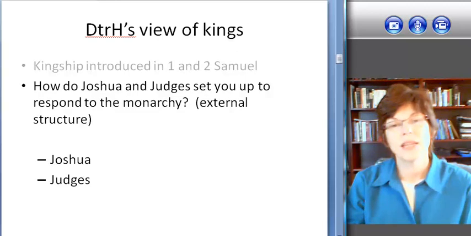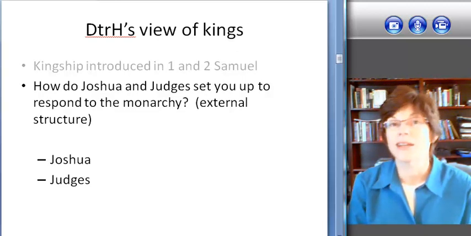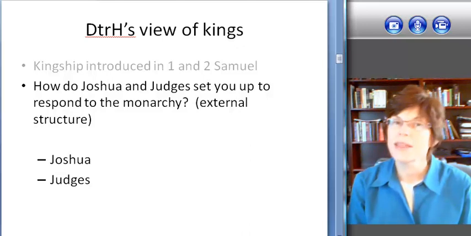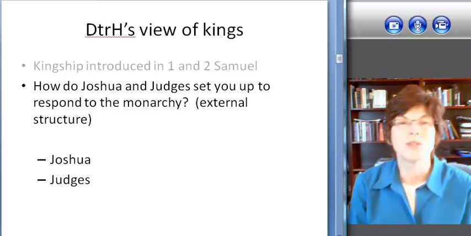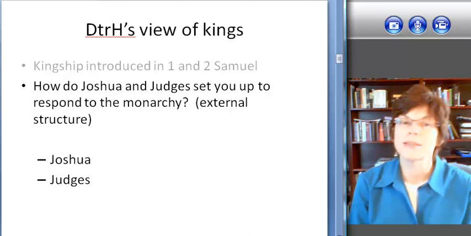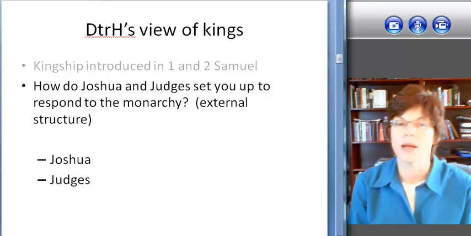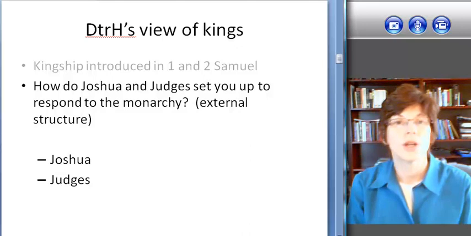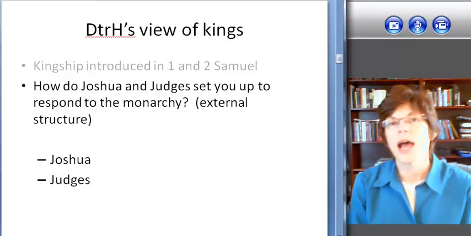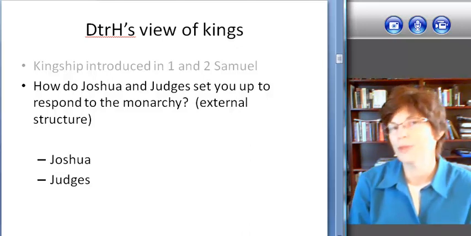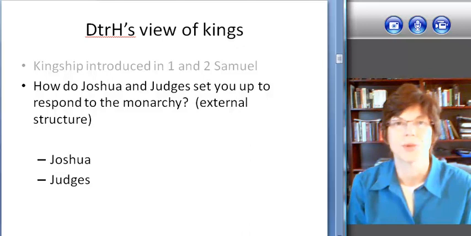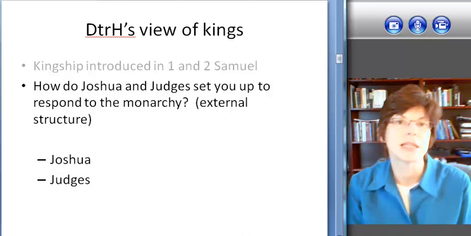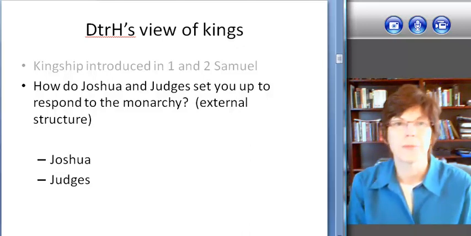But think about the fact that if the Deuteronomistic history is actually a collection, then we can think about how Joshua and Judges, as volumes 1 and 2 of the collection, have already set us up to think about monarchy. In this way, we're doing external structure, and we're asking the question of how have the earlier parts of the story prepared us to see what's going to happen now.